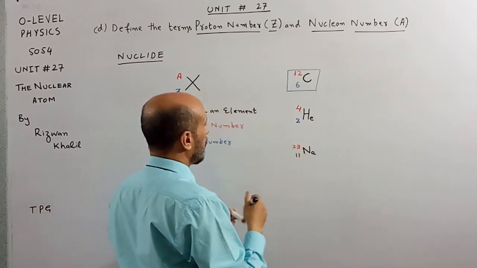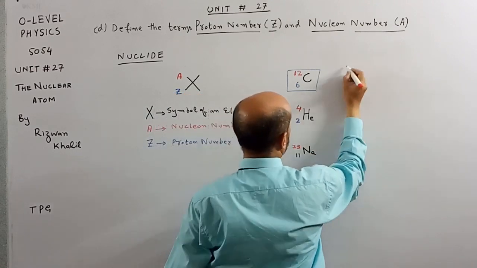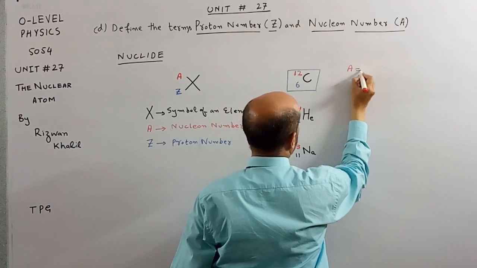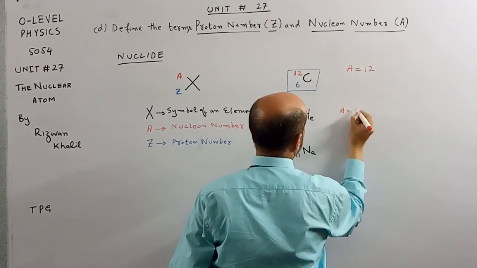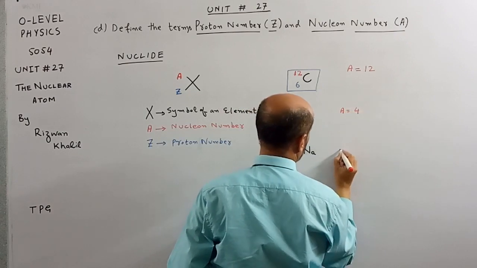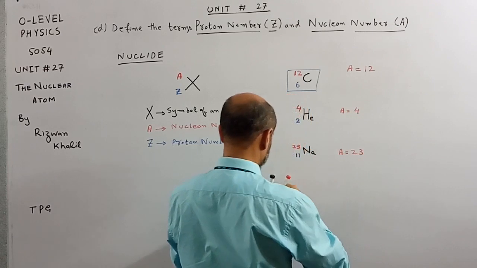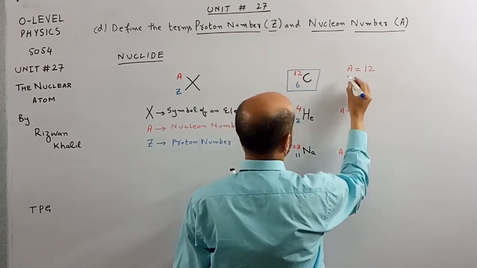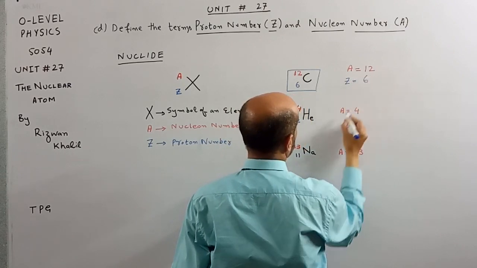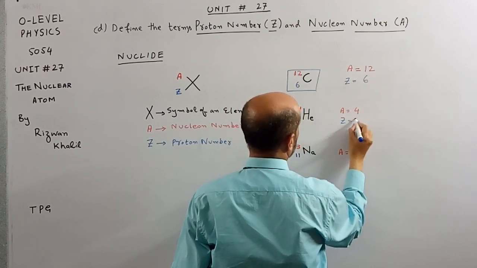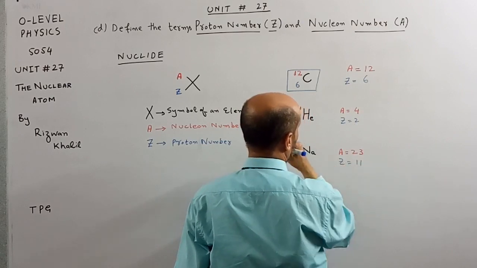So here we can write A is equal to 12, A is equal to 4, A is equal to 23, and Z is equal to 6, Z is equal to 2, Z is equal to 11.